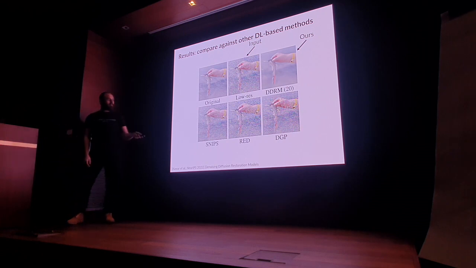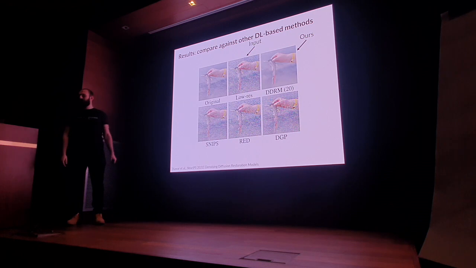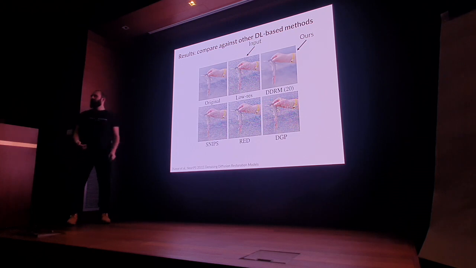And what you can see below is that DGP is one of the leading GAN-based algorithms that can solve inverse problems. The problem with DGP is that it really doesn't know how to handle noise. And RED, regularization by denoising, is the previous plug-and-play method that also fails to give reasonable results under noise.